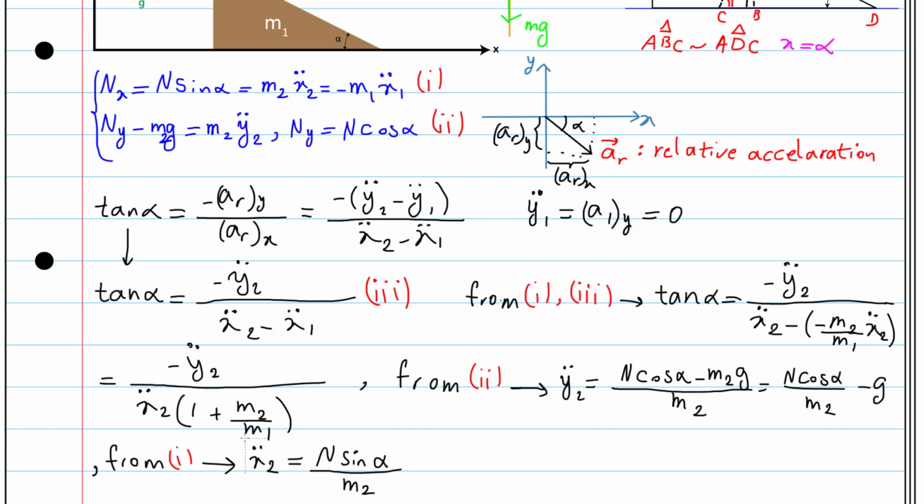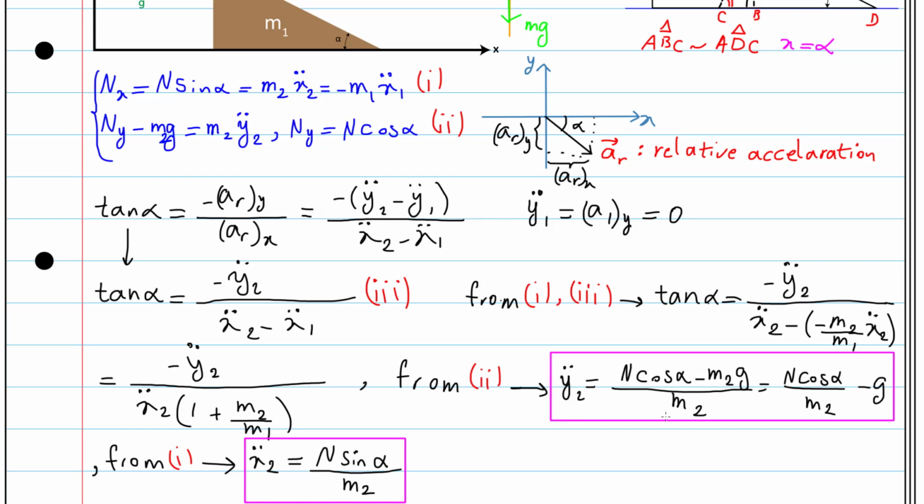Let's box these two relationships for x double dot 2 and y double dot 2 and plug them into this relationship for tangent alpha.